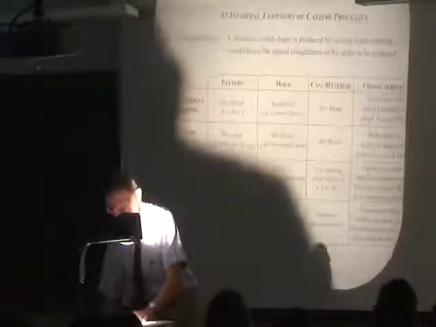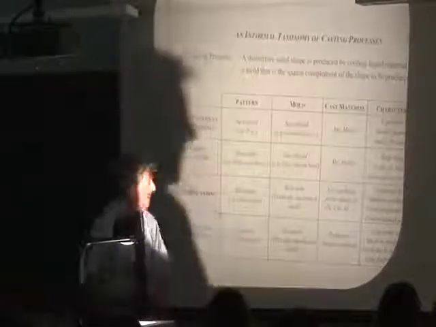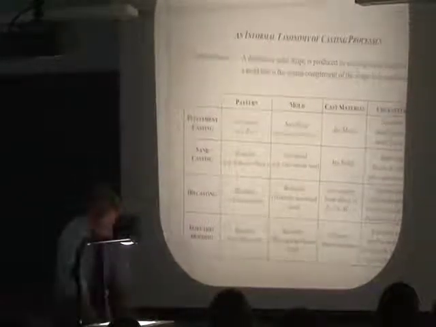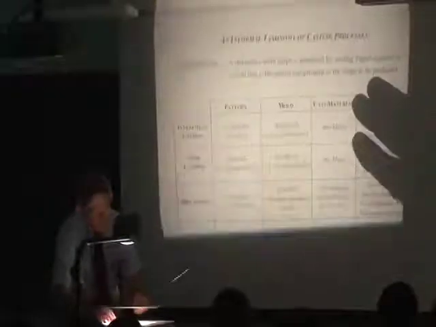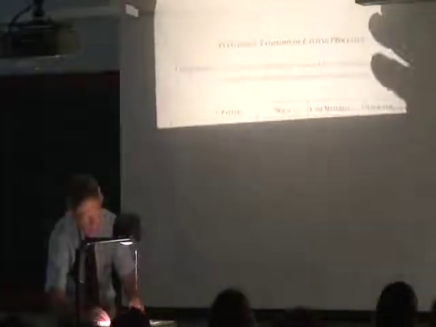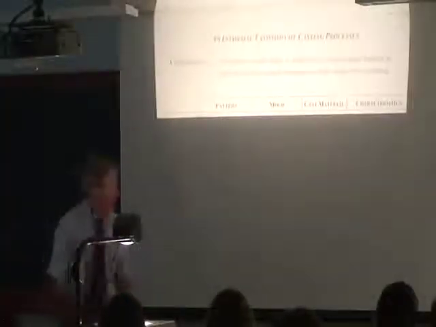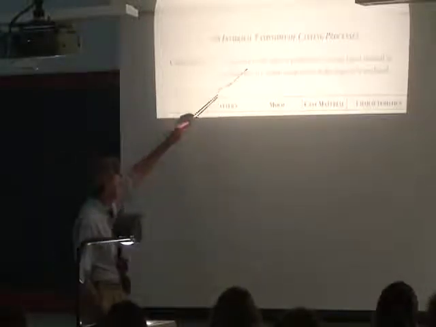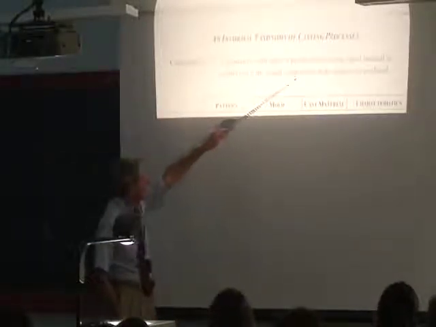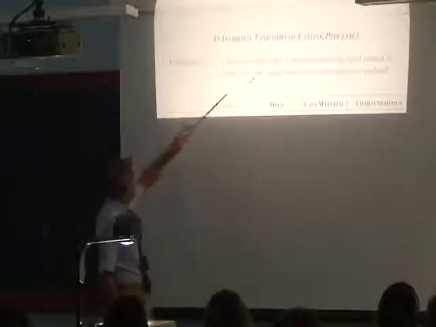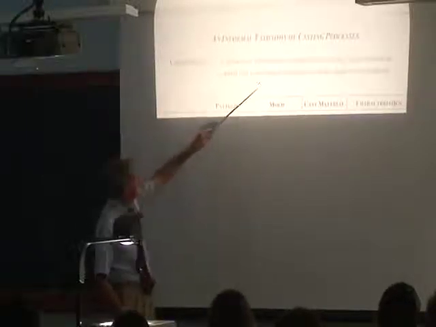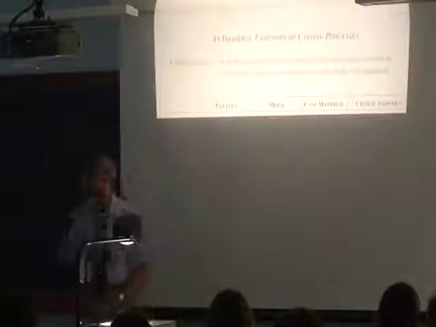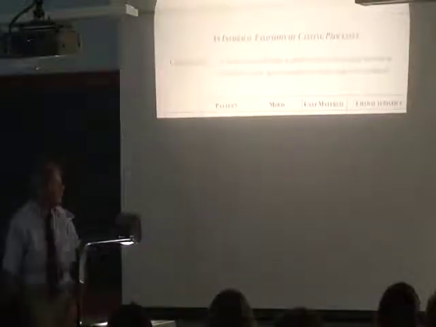Here on one form is a taxonomy of phase change, now our casting processes, molding. First, what is it? Well, you make a distinctive solid shape by cooling a liquid in a mold that is the spatial complement of what you want to make, the shape to be produced.